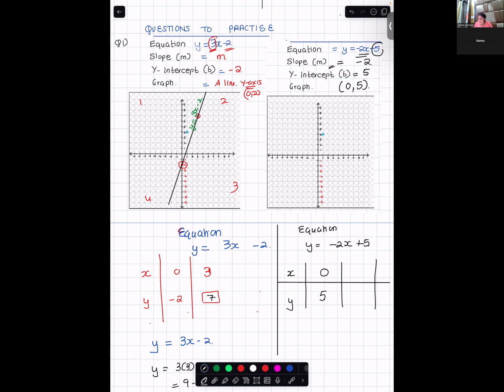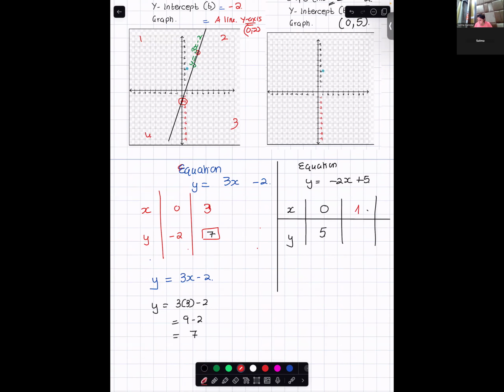Since the slope is negative, it will be a diagonal line. I have to find the other point. Put x as 1. Substitute it in the equation. y is equal to minus 2x plus 5, so it will be minus 2 ones plus 5, so it will become minus 2 plus 5, which is positive 3.